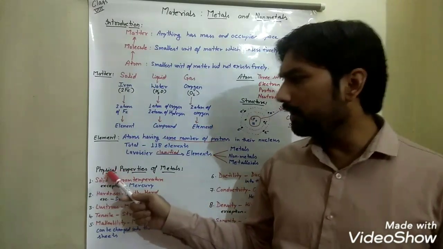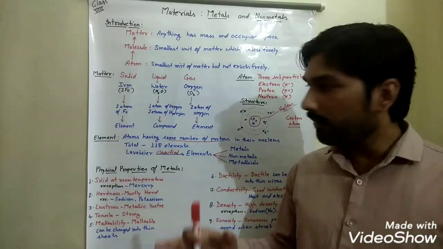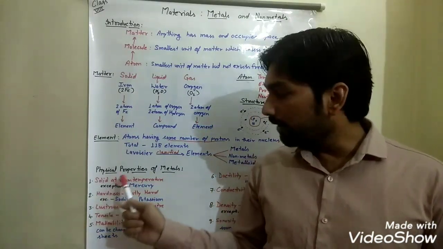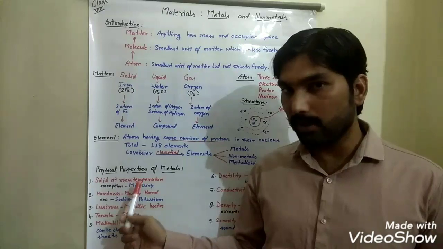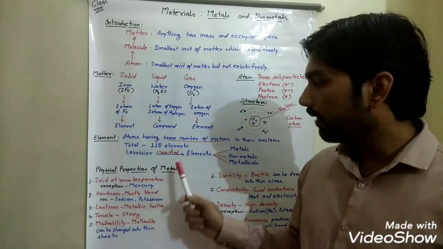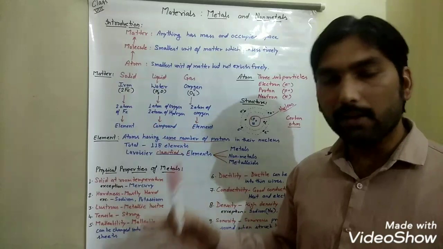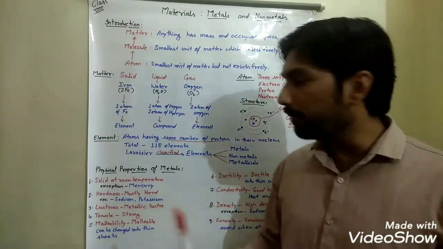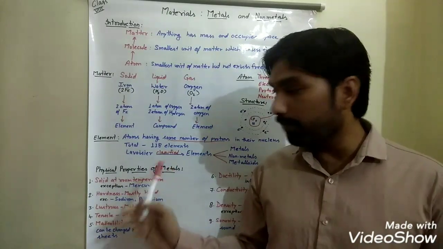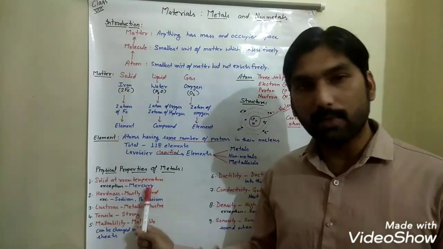The first heading is physical properties of metals. All the elements which are in solid state at room temperature, remember, solid state at room temperature, are placed in the metals group. But there is an exception among metals, known as mercury.